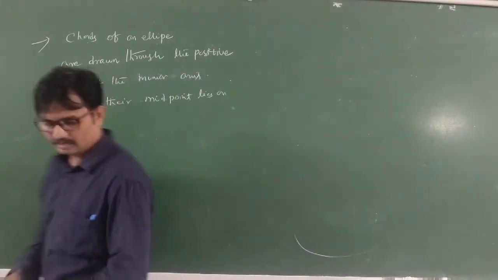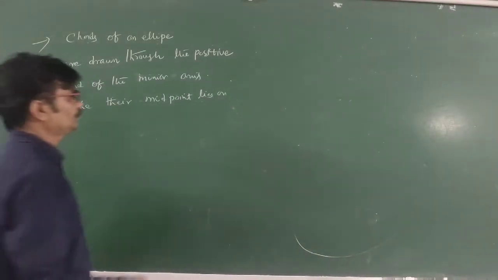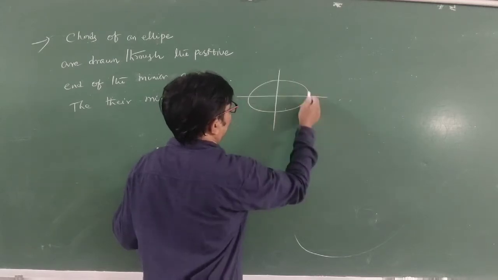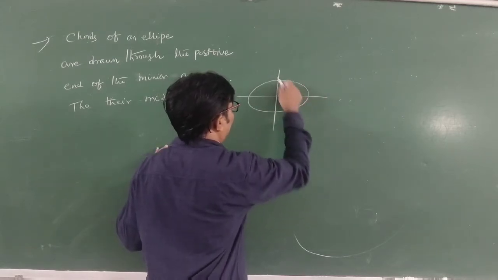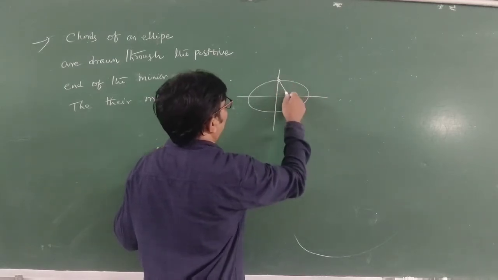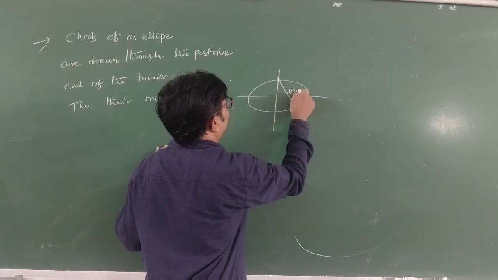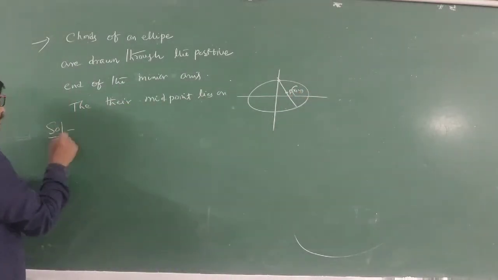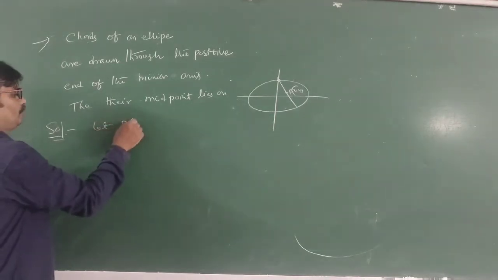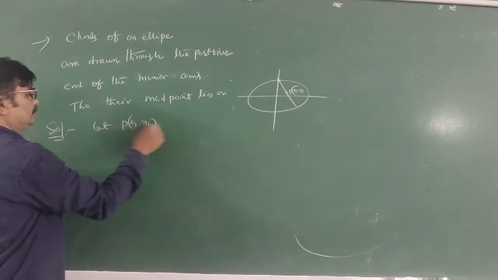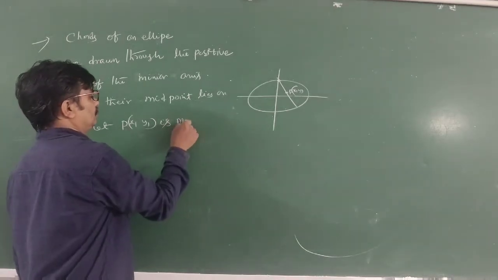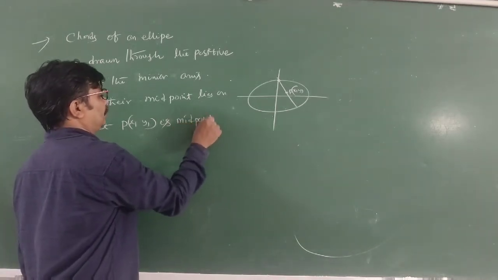So when we are taking the midpoint of the chord, what we observed here, the midpoint of the chord, we are taking x1, y1. So dear students, let P(x1, y1) be the midpoint of the chord.